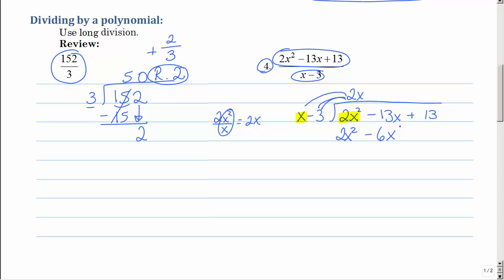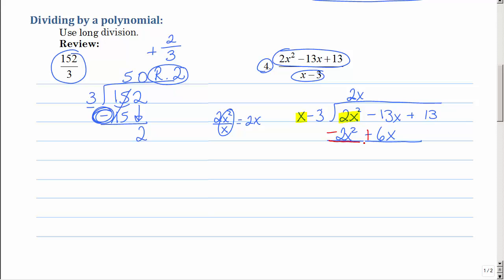Now stop right there. Look and see what I did. I multiplied, and I wrote it right underneath the like terms. I'm going to get rid of those lines because that's going to get confusing here in a little bit. Okay, so I'm going to draw a line, and just like this, over here I had to subtract. So when we subtract in algebra, we add the opposite. So I'm going to change my signs.